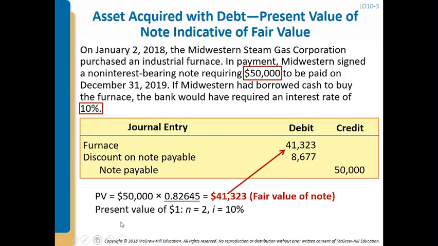So here, the note payable was $50,000. The present value is $50,000 times 0.82645. That's going to equal $41,323. So that's the implied value of the furnace, and then your other part of this debit is going to be to discount on note payable.